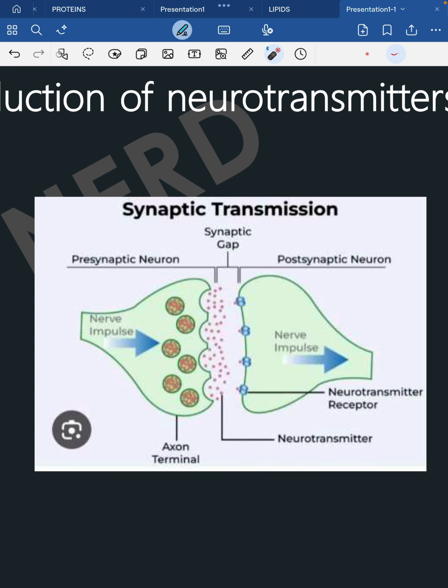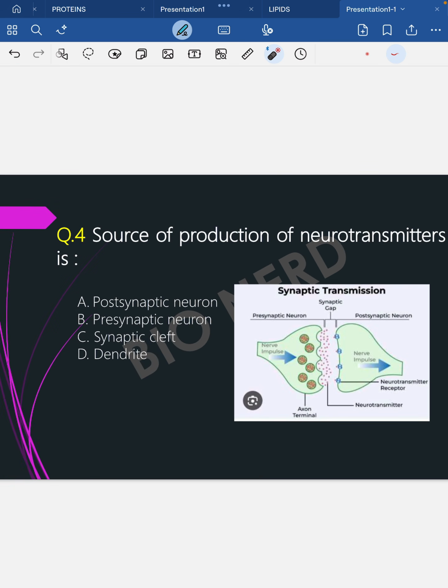So you can see in this picture neurotransmitters are present inside the presynaptic neuron packed in vesicles. So it means neurotransmitters are synthesized in presynaptic neurons. Okay, so here the answer will be presynaptic neuron, that is beta.